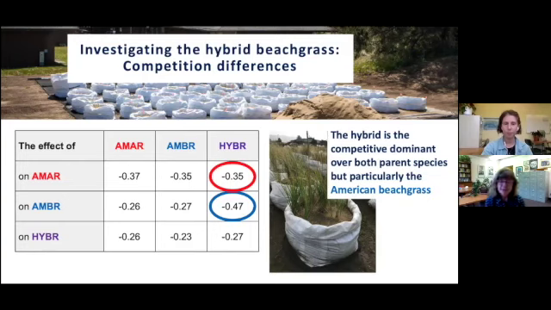And so that's actually translating into its ability to outcompete its parent species. So it's a competitive dominant over both species, but particularly the American beachgrass species, Ammophila breviligulata, the one that is dominant up in the northern range of where all these species co-occur. Okay, so next slide.